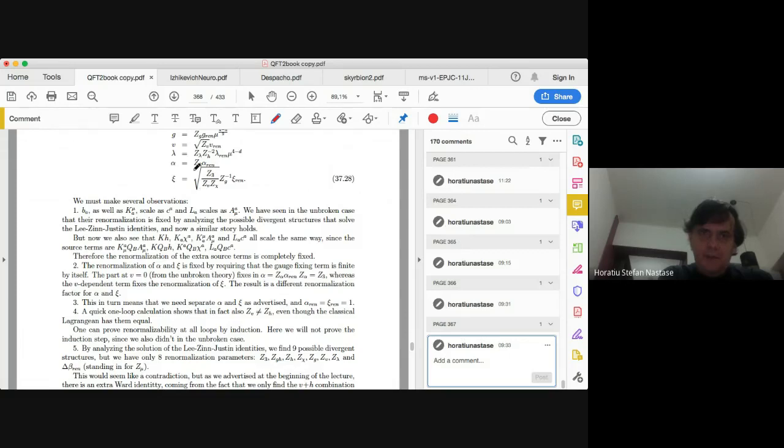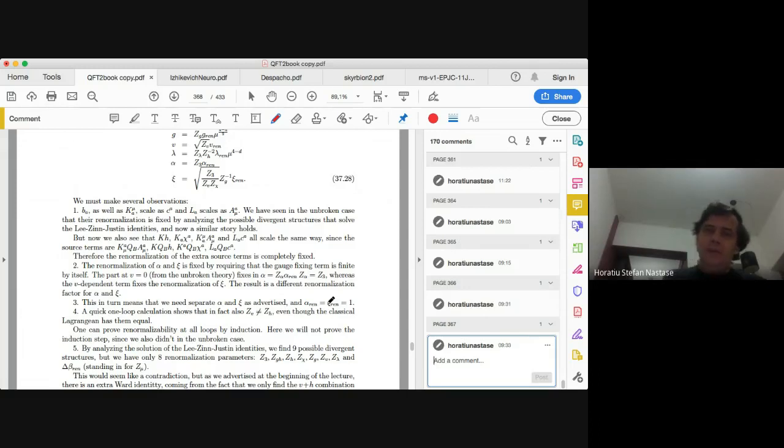So then we note that the renormalization factor for alpha and for psi is different. So Z_alpha is different than Z_psi, which is why we have put alpha and psi independent. But the renormalized alpha and psi are numerically the same as the ones in the classical Lagrangian, and in the classical Lagrangian, remember that alpha was equal to psi.